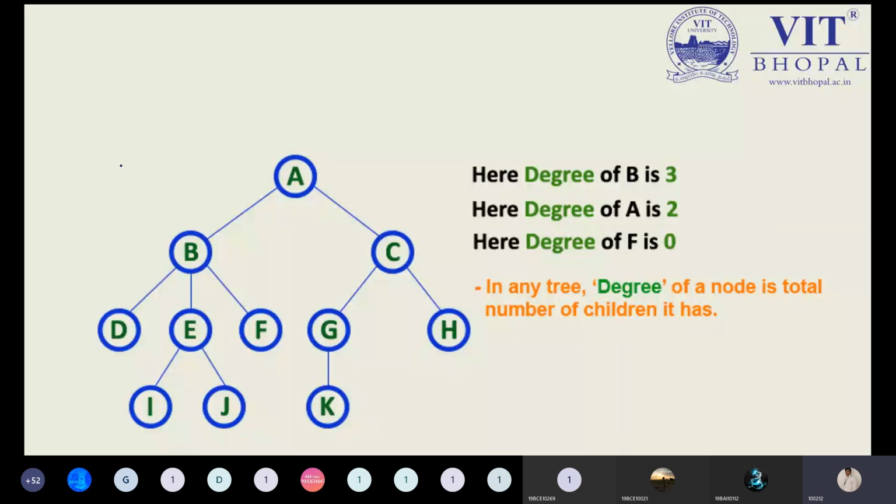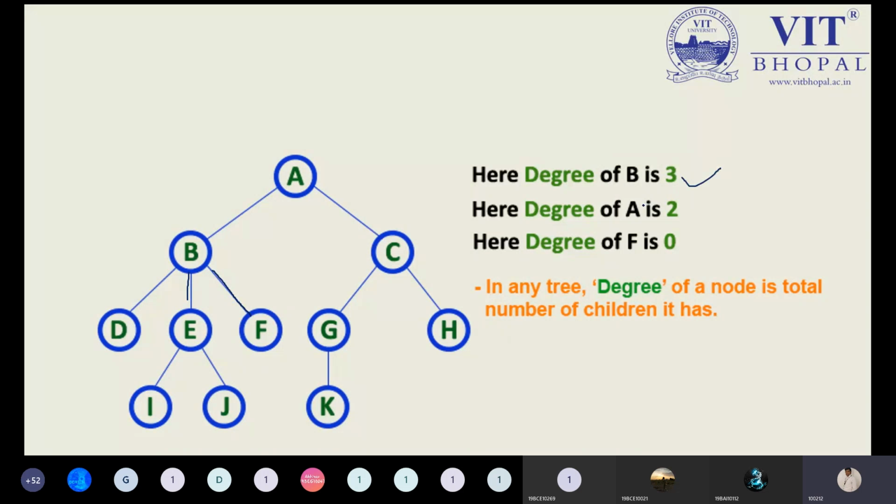But it's children, not grandchildren. We can't count the grandchildren; we can determine only the children. So we just have the three children D, E, F, so it has three degree, or we can say branches. One branch, two branches, three branches. So the degree of B is 3.